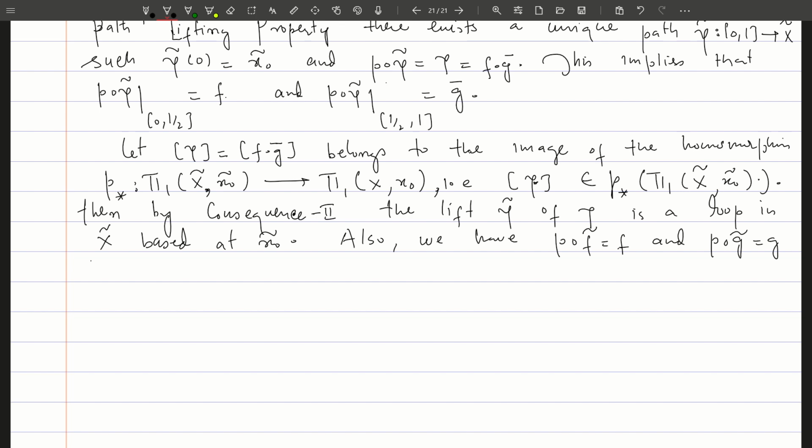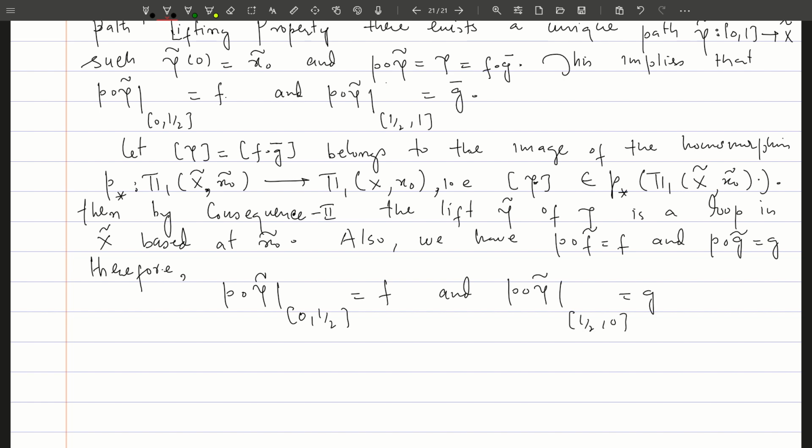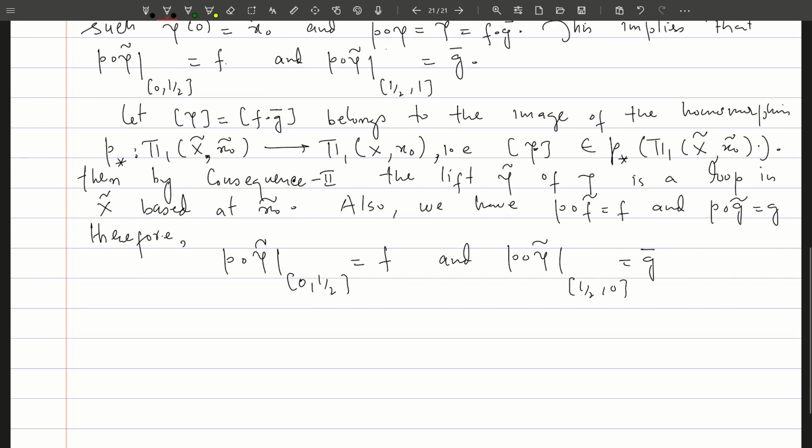So therefore p composite with gamma tilde restricted at 0 half is f, and p composite with gamma tilde restricted at the next half is g inverse.